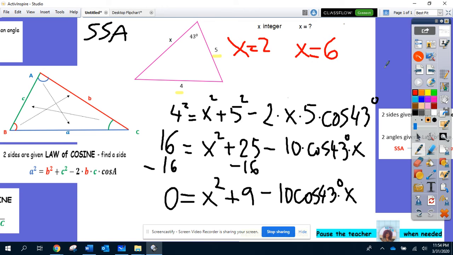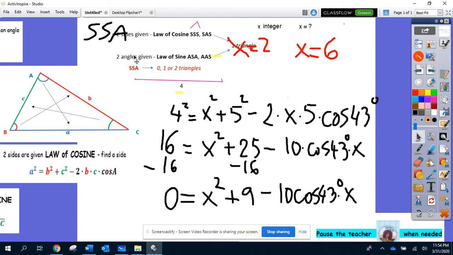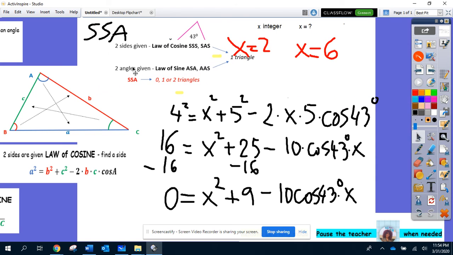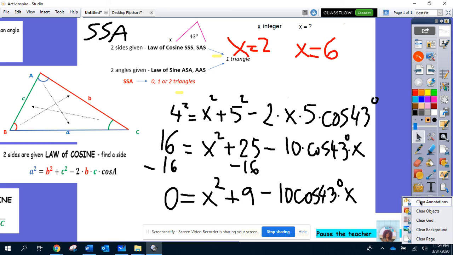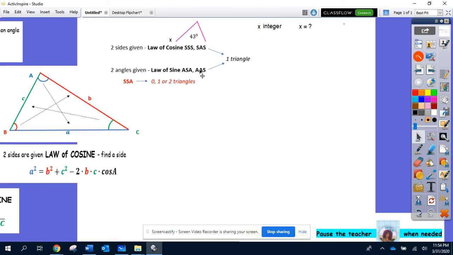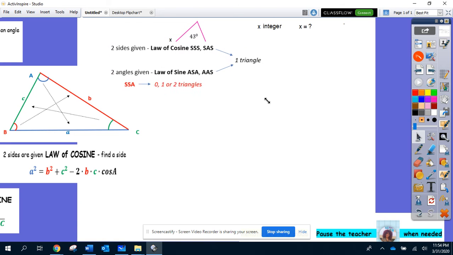Why do I have those two solutions? In order to explain why we have two solutions, let's look a bit at this poster, and this can explain what happened. I will erase this annotation to see better, and I will enlarge this poster.